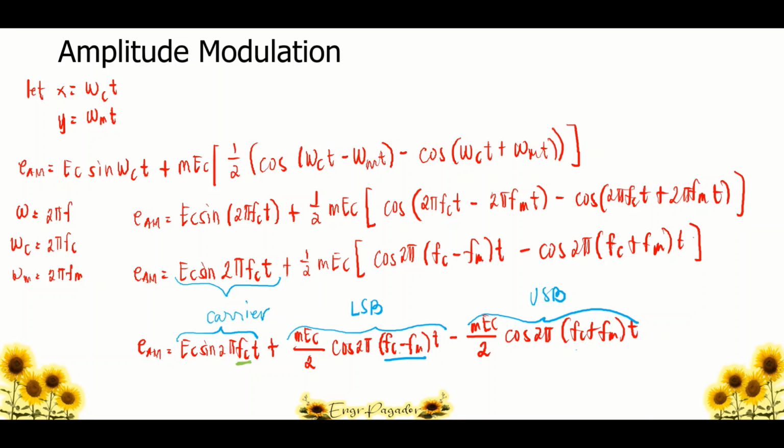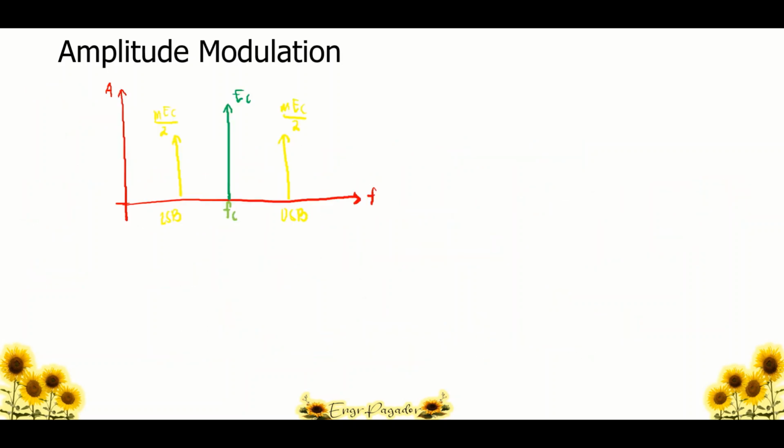So, we have si FC minus FM for the lower sideband and FC plus FM for the upper sideband. So, that is how you compute for the sidebands and the carrier frequency. So, yung lower sideband natin is FC minus FM. Upper sideband is FC plus FM.